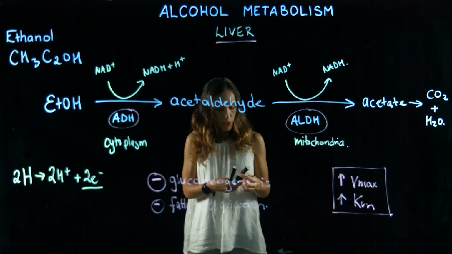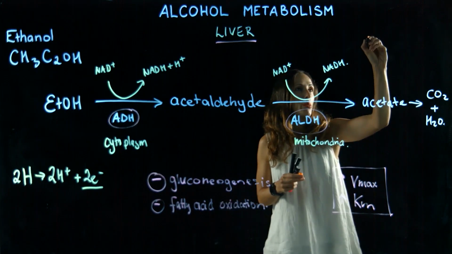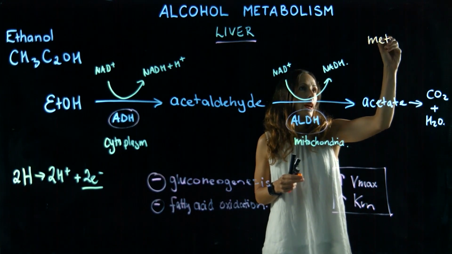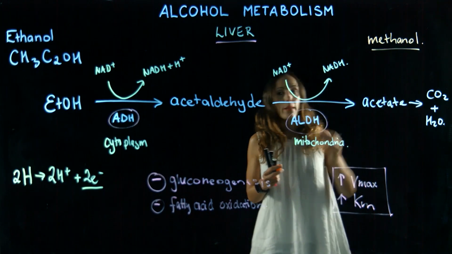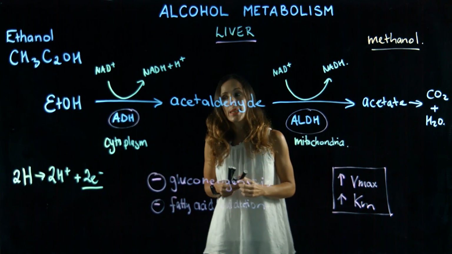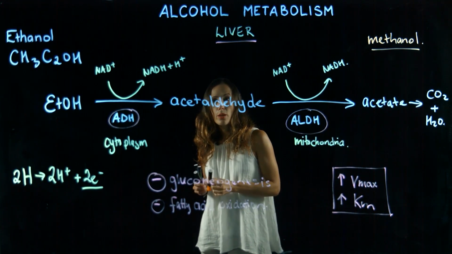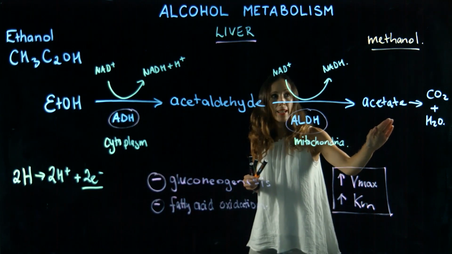One of the other interesting things that we can see with this is to do with methanol. Methanol is probably something you've heard of. Sometimes in the news you hear about people having methanol poisoning. Methanol is also broken down by the same pathway that we have here.